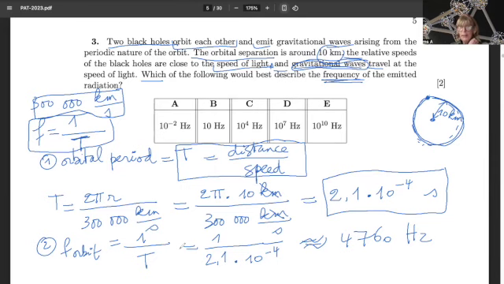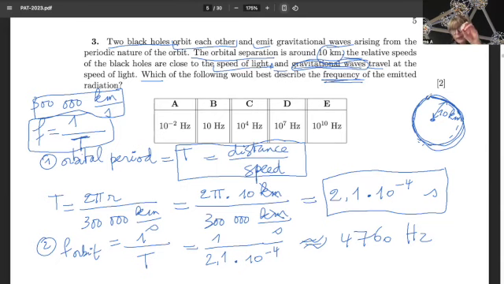Now, listen very carefully. If now you have to calculate the frequency of the gravitational wave, I'm sure you know that, Elçin, but don't forget the wave pattern repeats every half orbit. So we have a circle here, and remember your wave pattern. If you don't know that, you can also put it down in your notes: the wave pattern repeats every half orbit.